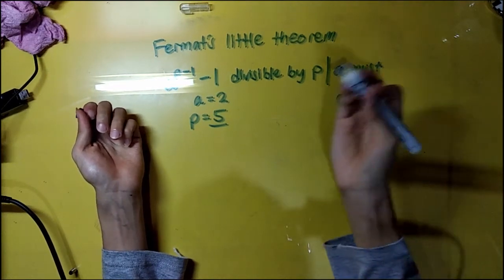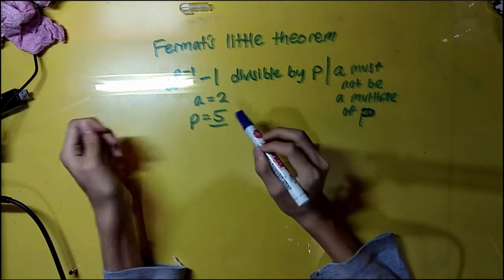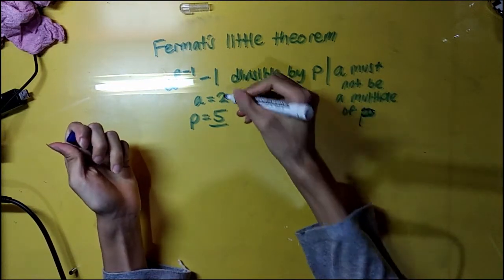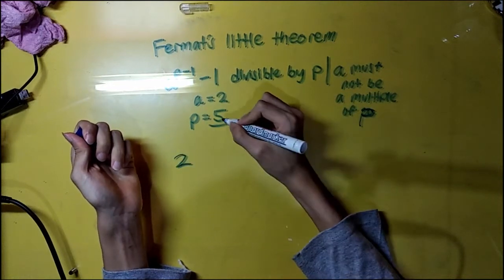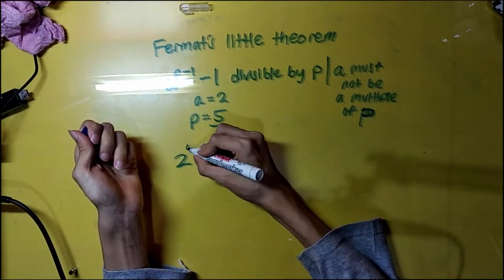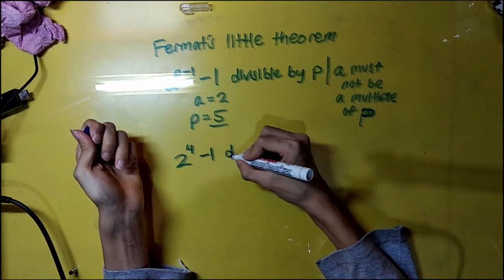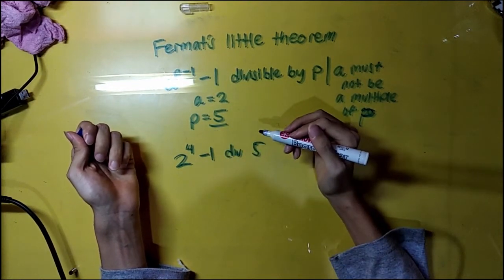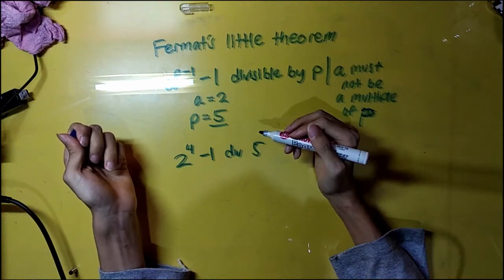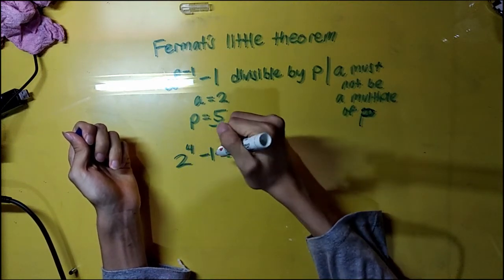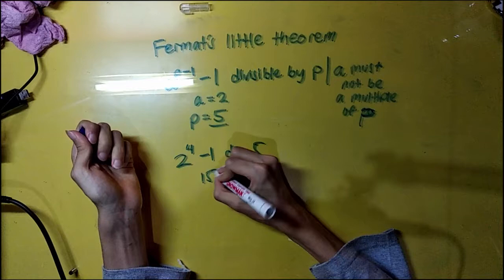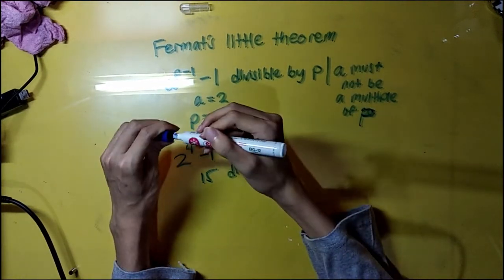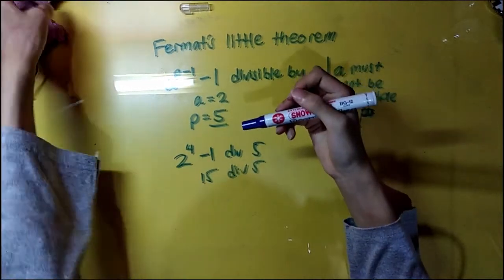Yeah, 2 is not a multiple of 5, so this thing is guaranteed to work. So let's try it out. 2 to the power of 5 minus 1, which is 4, subtracted by 1 is divisible by 5. What's 2 to the power of 4? Well, that is 16, and 16 subtracted by 1 is 15, and voila, 15 is divisible by 5. So pretty cool, right?